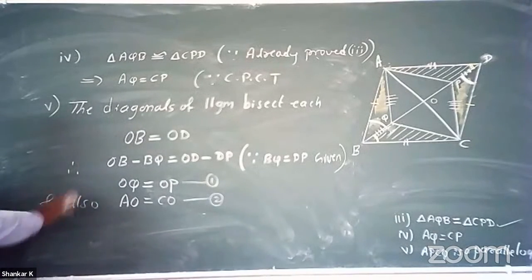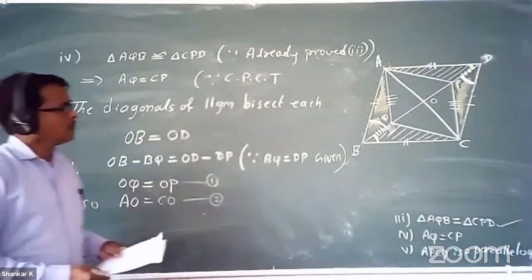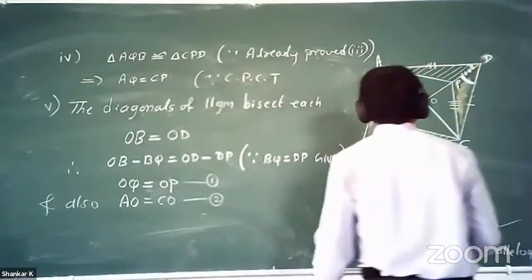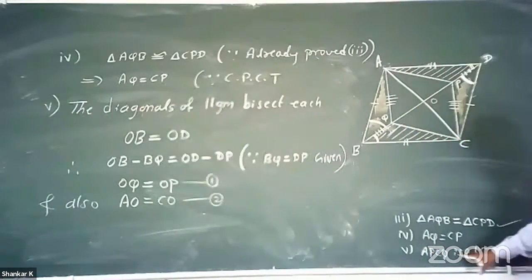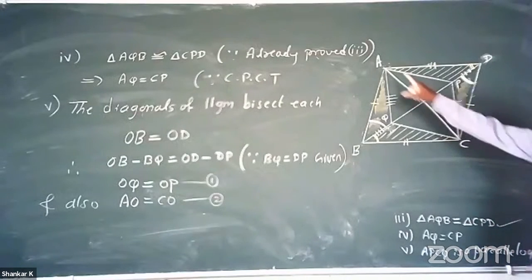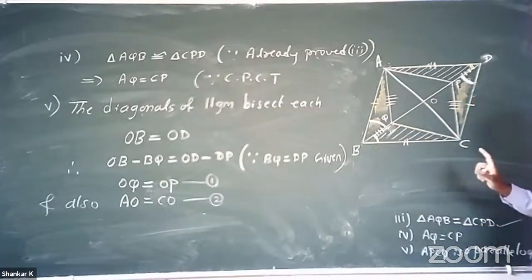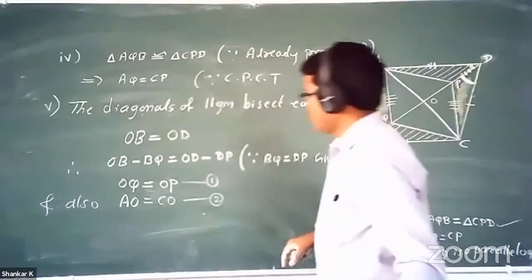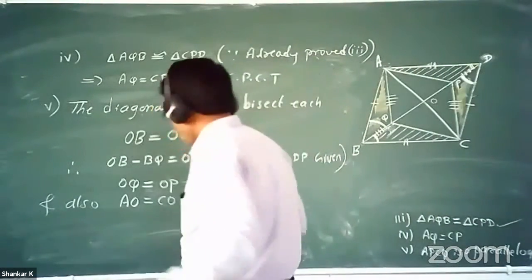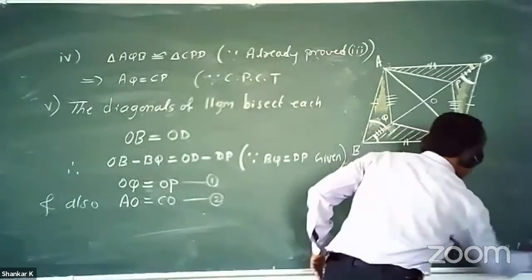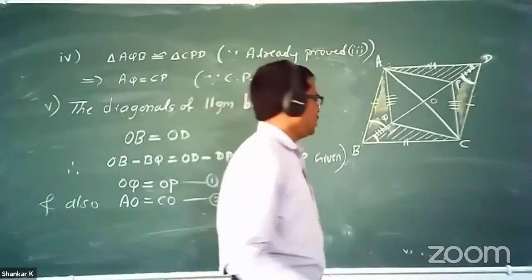Similarly these two. Here what is to be proved is that APCQ is a parallelogram. To show APCQ is a parallelogram, we use that if diagonals bisect each other, then it is a parallelogram.